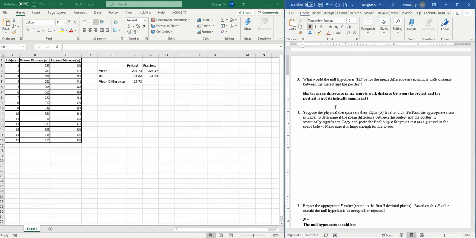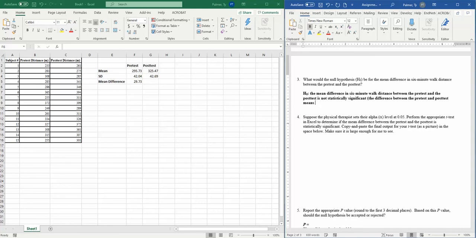You could say that the difference between the pretest and post-test means is 0. So yeah, it talks a little bit about this in the PowerPoint, but this is an alternative way to state the null hypothesis, that the difference between the pretest and post-test means is 0.